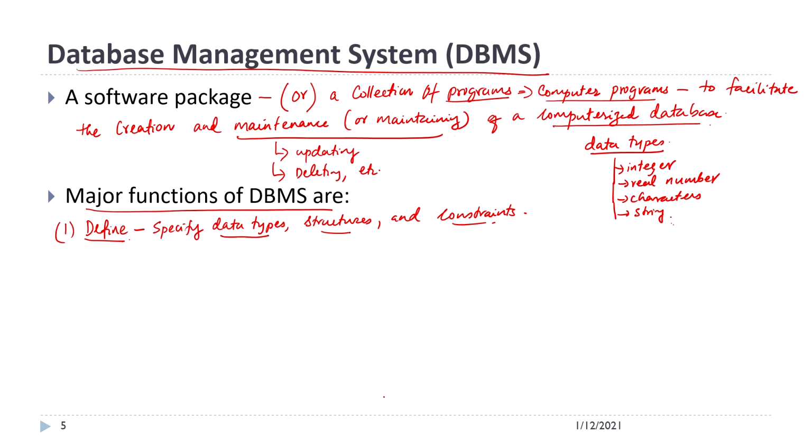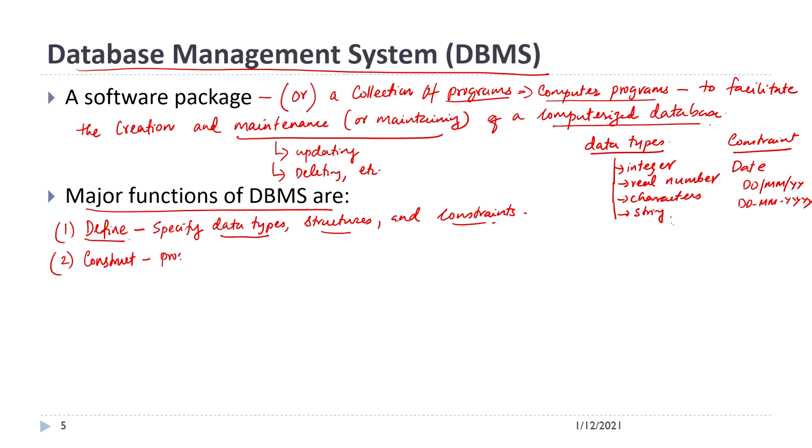What are constraints? An example is that the date will follow a constraint, like it can be written as dd mm yy, it can be dd mm yyyy like this, etc. These are all a type of constraints. So, the first one is define. The second one is construct. What is construct?